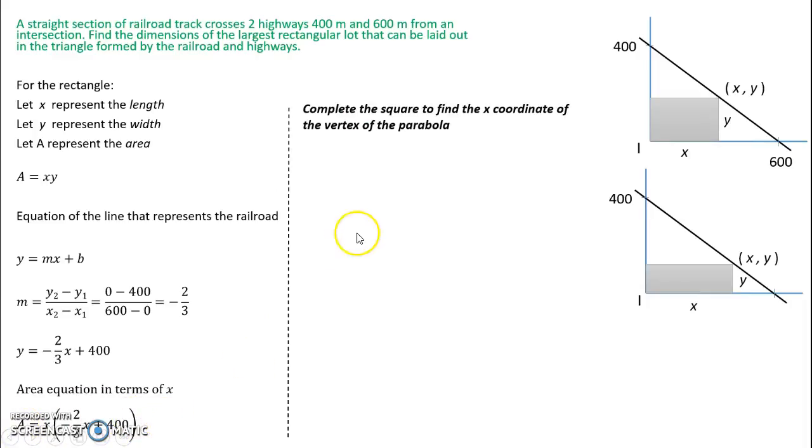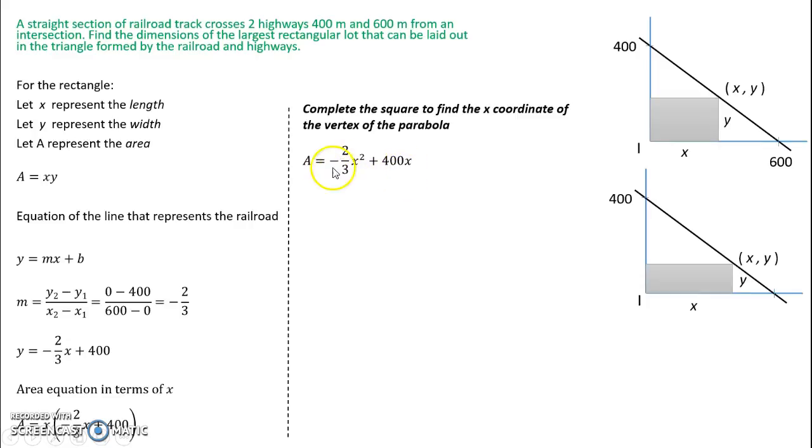What we need to do is find the x coordinate of the vertex of the parabola, which will represent the length that gives us a maximum area. If we distribute x in, we end up with this quadratic equation.